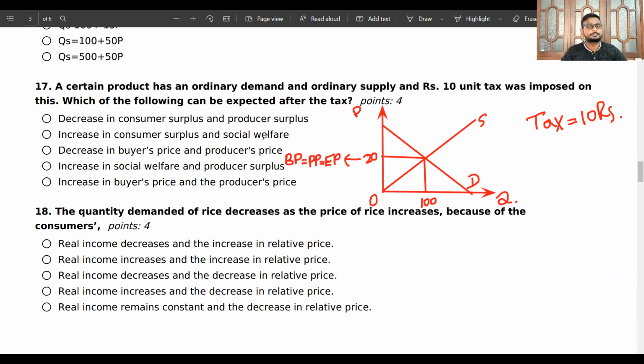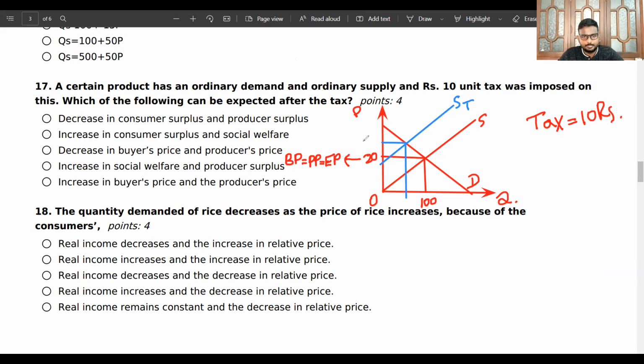All good. Let's say when this 10 rupee tax is imposed, the supply curve shifts to the left, obviously. Right? The supply curve is shifting to the left. And as a result, you now have a new equilibrium price and quantity.